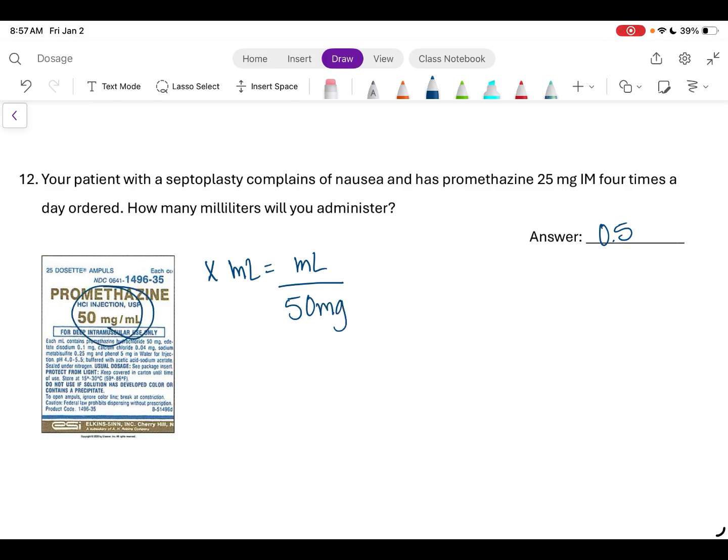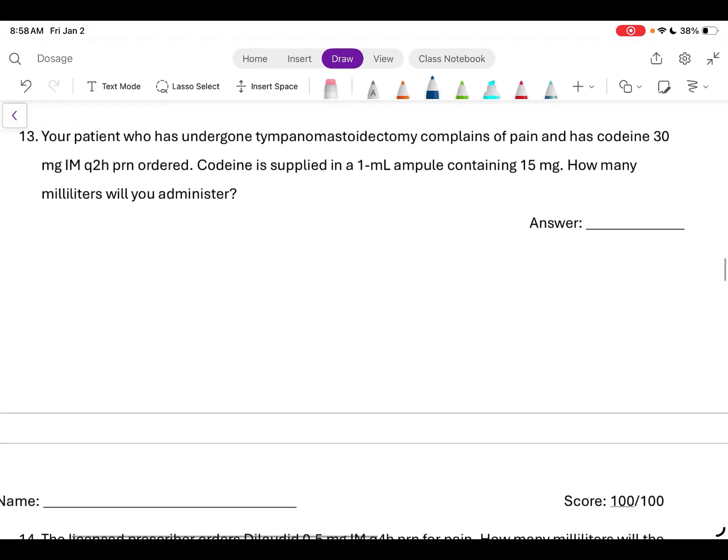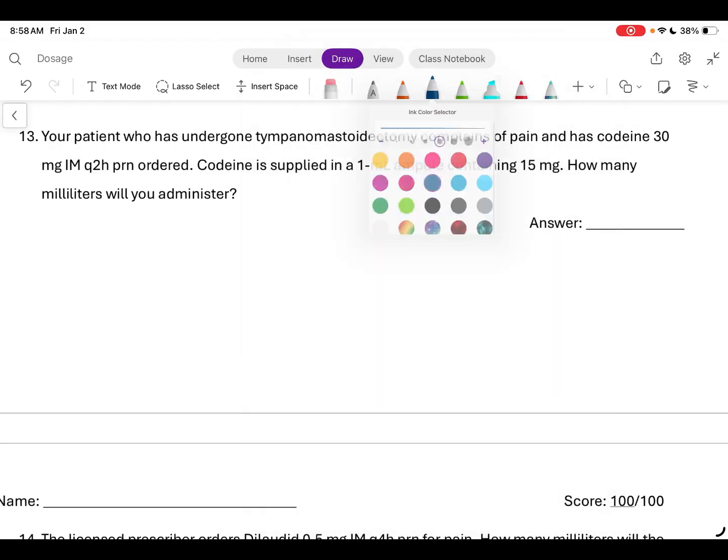We know that from our label. 25 milligrams is your order. And so 25 divided by 50 is going to give you 0.5. Let me make this thicker, it's bothering me.